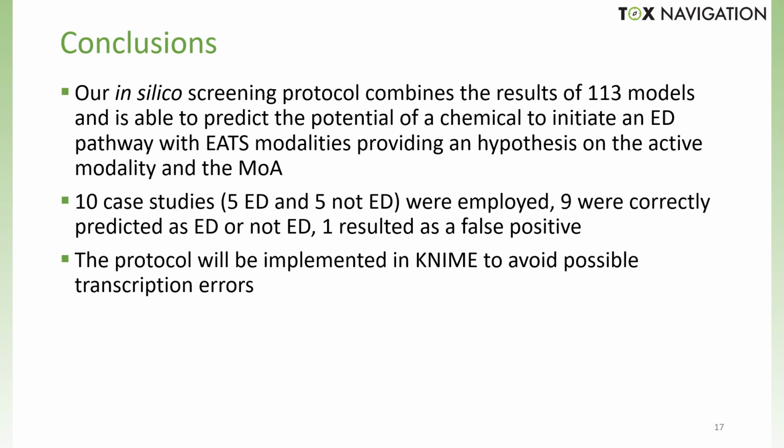Out of the 10 case studies, 9 were correctly predicted as activating or not activating the endocrine system, and 1 resulted as a false positive, but with some controversial evidence suggesting that it might actually be positive in the sense of interfering with the endocrine system.